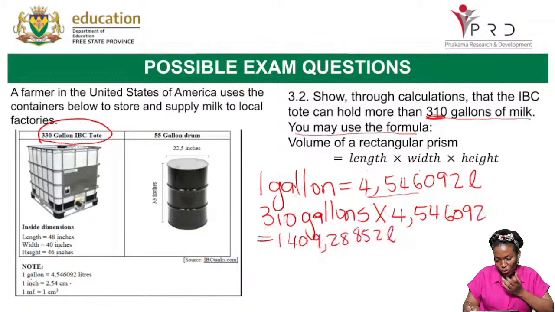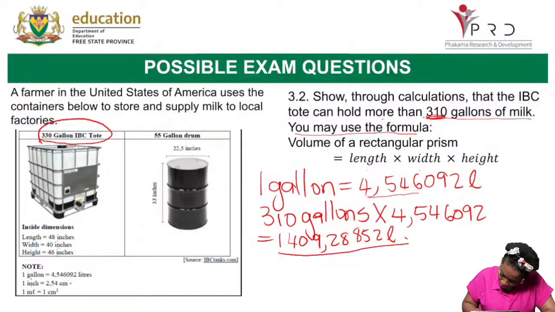So it means when I calculate the volume, I'm looking for more than 1,409.28852 liters. I forget about the gallons because I don't understand them. I want to see if the volume will be more than this.